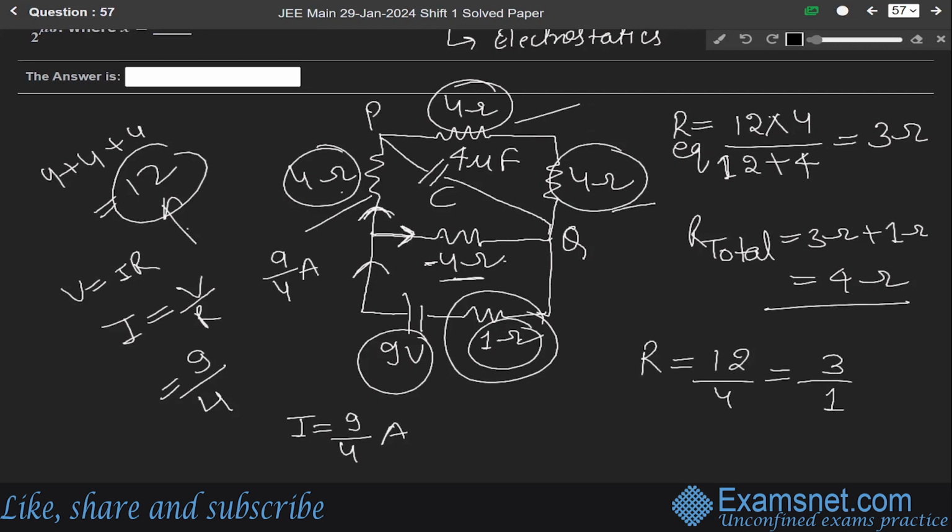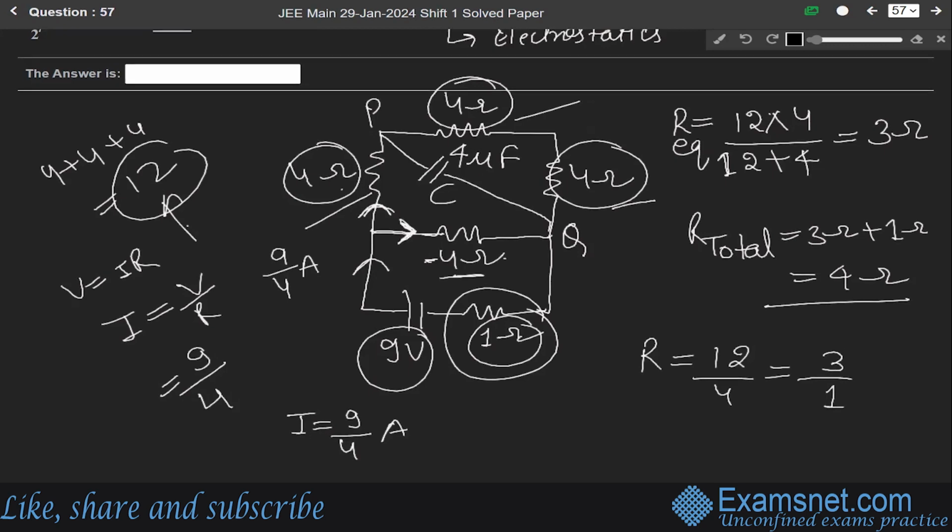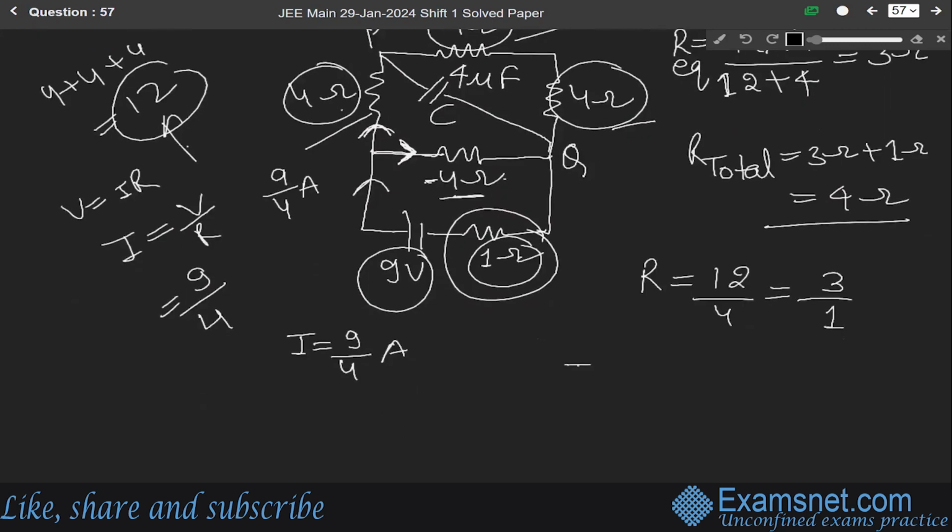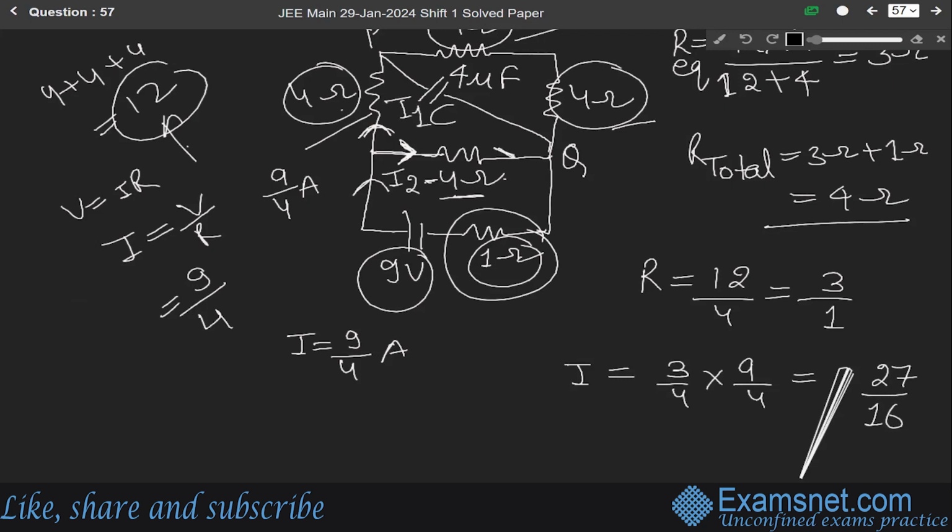So for this branch, the current will be 3/4 into 9/4, which means 27/16. Let us say this is I2, this is I1. Current I2 will be flowing in this branch. It will be 27/16 ampere current.